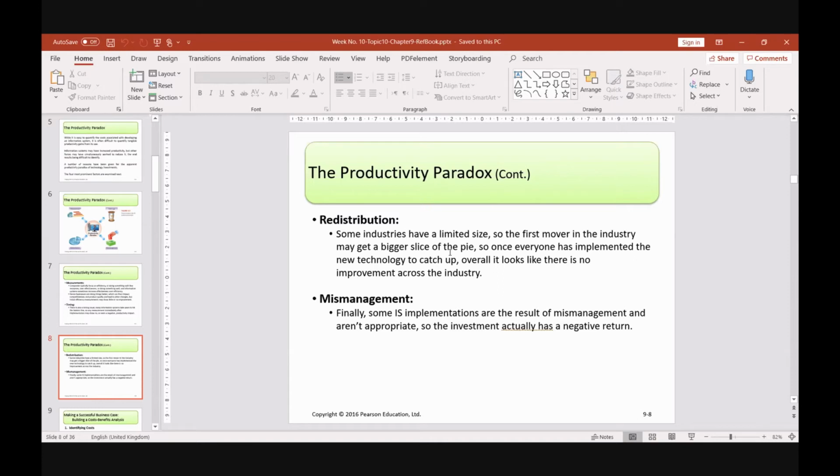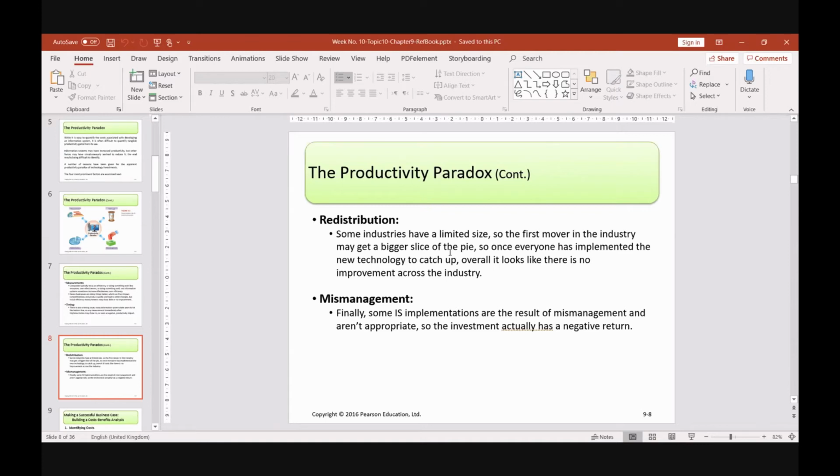So you are acquiring a new information system for your organization and trying to launch a new technology, but with your competitors around in your environment, a lot has already been done in that. So it's not going to help you a lot in terms of productivity.